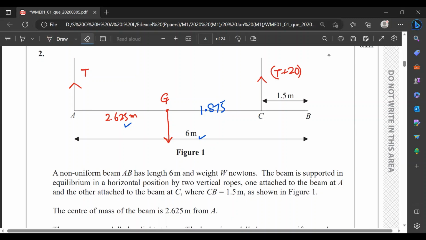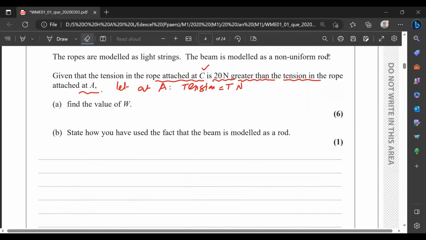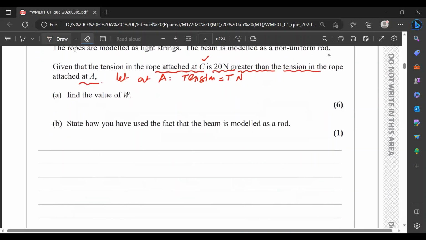Now, this is part A. For equilibrium, upward force is equal to downward force.